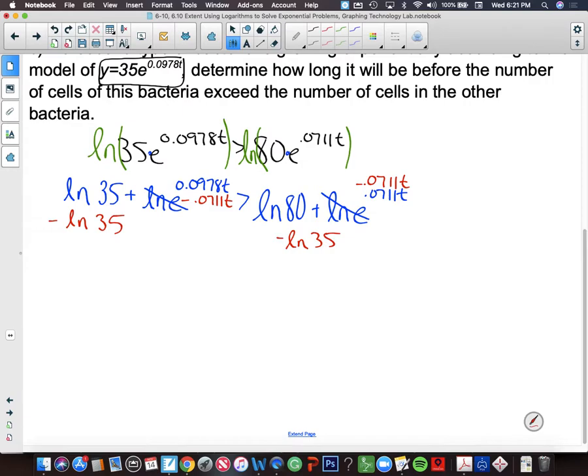Okay? So putting some numbers in your calculator, you're going to have some decimals floating around. That's okay. So we have that 0.0978t minus 0.0711. So then on the left-hand side, we're going to have 0.0267t. And then on the right-hand side, we're going to have natural log of 80 minus natural log of 35.